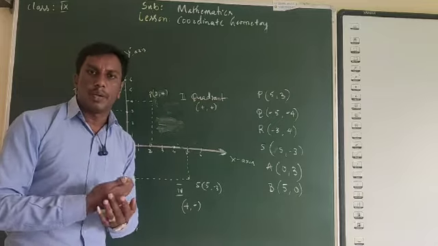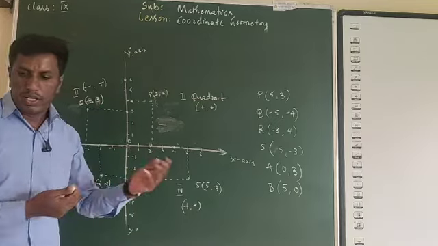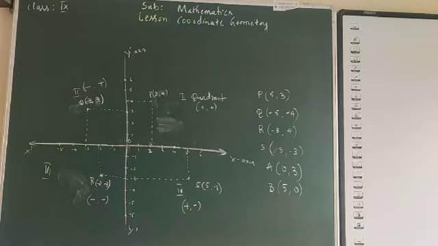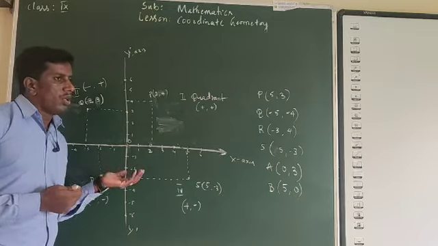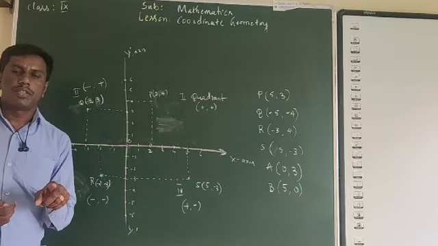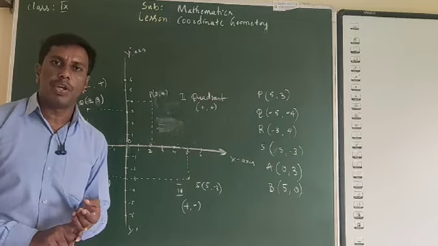We'll see that. Locating the point I'll explain in the next video because time is up now. I'll take one more class of coordinate geometry and explain how to locate the point.